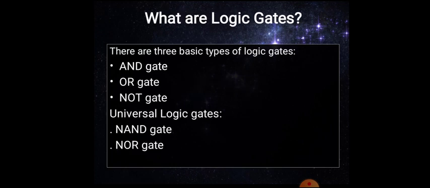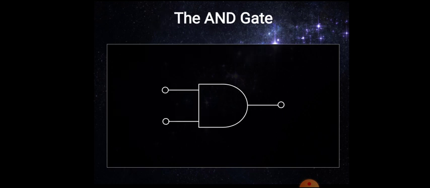Generally, any logic gate is shown here with 2 inputs and 1 output. The AND gate does the operation of multiplication, the OR gate does the operation of addition. The NOT gate, also known as the inverter gate, gives the opposite of the input signal we give.